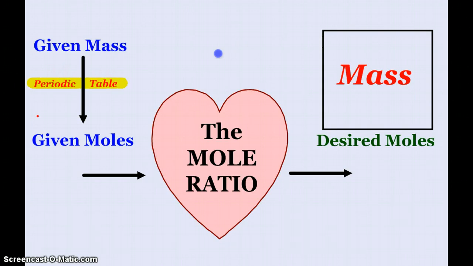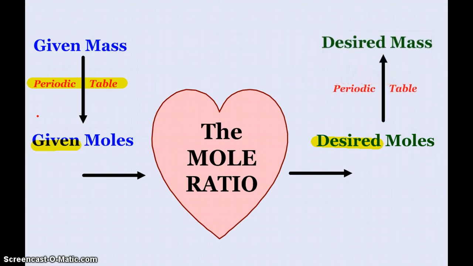Now we are at the mole level, and of course from there we use the mole ratio to change from our given information to the substance in the reaction that we're looking to find an answer to. Once we use that, we'll go back to mass using the periodic table, but this time for the new substance. So let's see this played out.